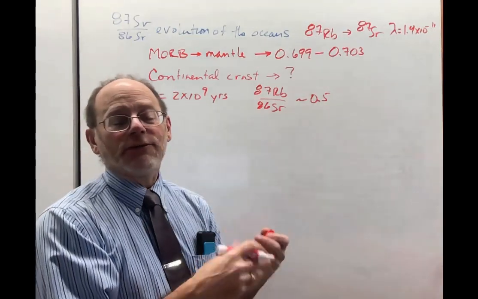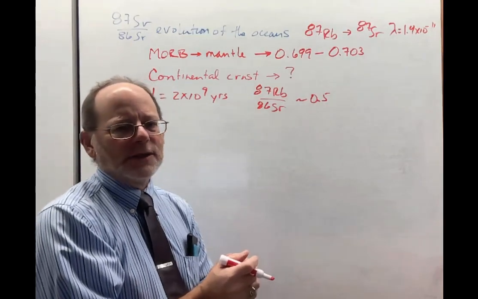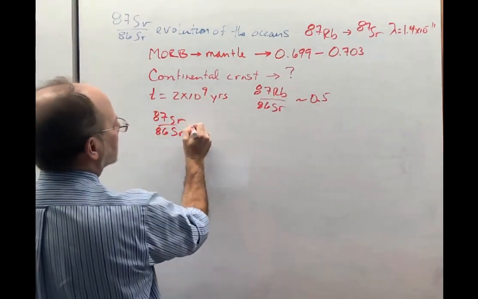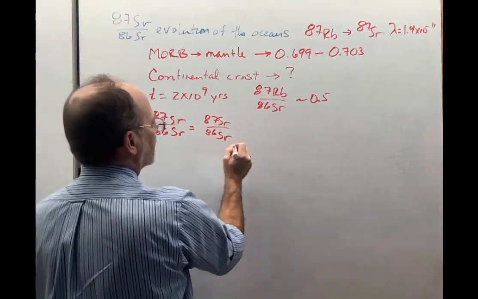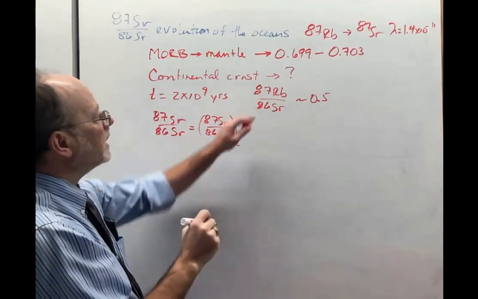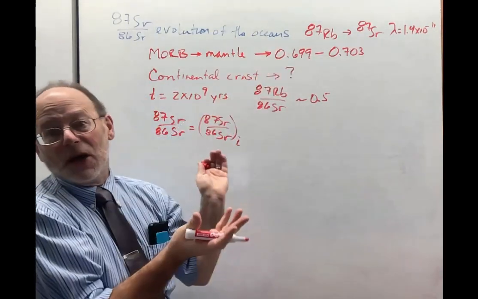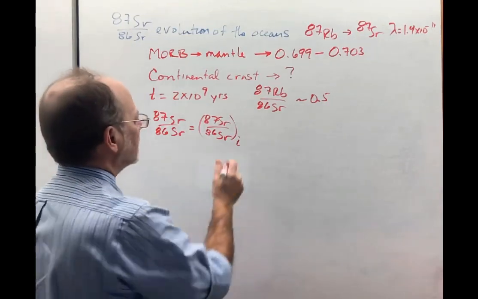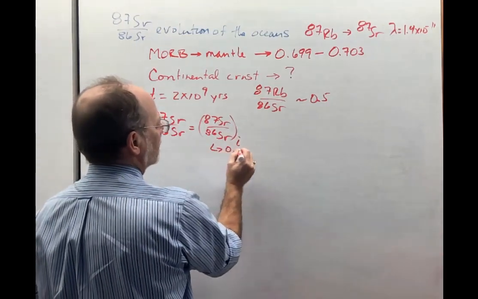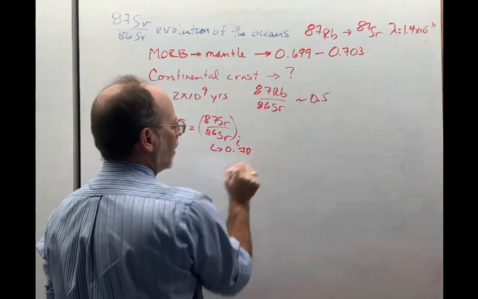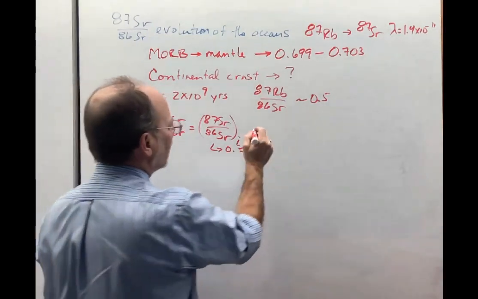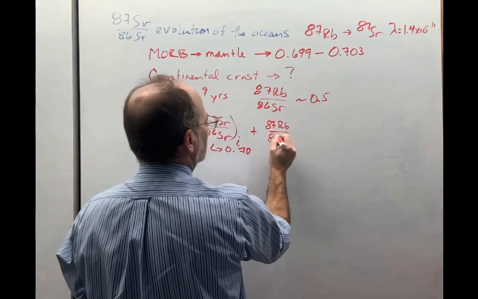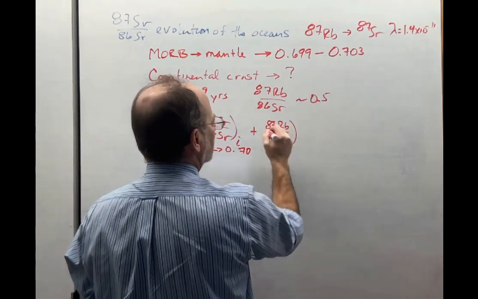Okay, so from the decay equation, we can write 87-86 is equal to an initial ratio. We could take MORB as an initial ratio. That'd be the lowest that it could possibly be. Something on the order of 0.7. Okay, so let's set that to 0.70, right? Plus 87 rubidium, 86 strontium, right?